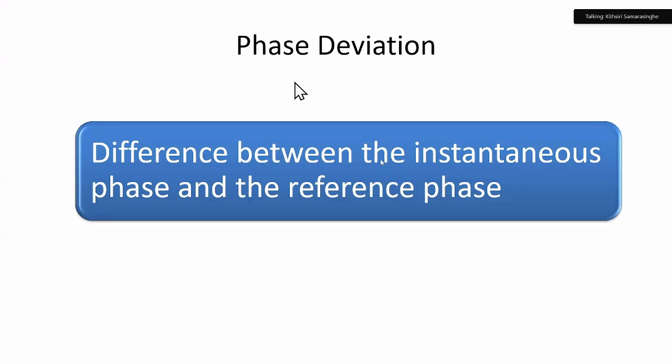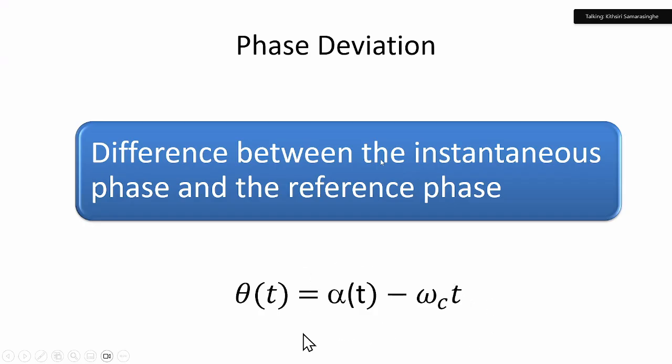Let us say reference phase of the carrier is omega ct, and instantaneous phase of the carrier is alpha t. This is the difference, alpha t minus omega ct, which we call phase deviation. This is phase deviation at a given moment of time, right?